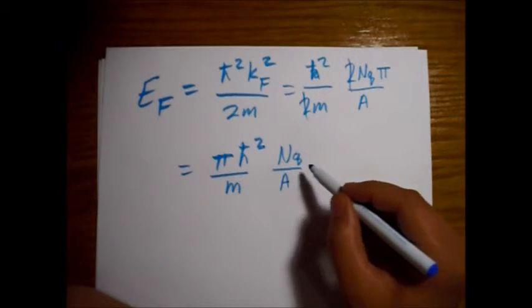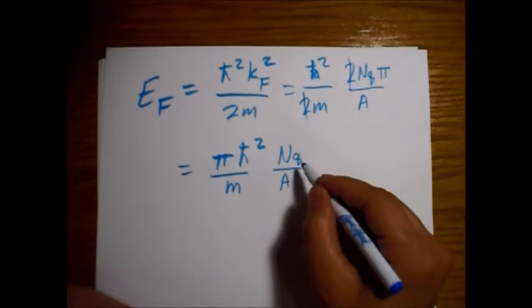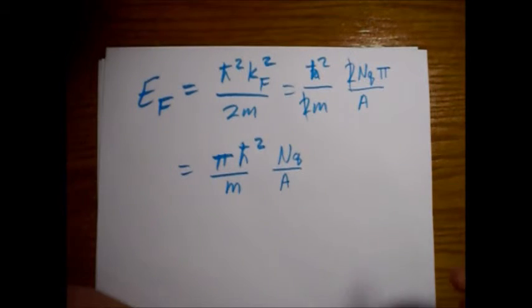Q, we need to remember what Q was. Q was how many electrons are donated to this electron gas per atom.